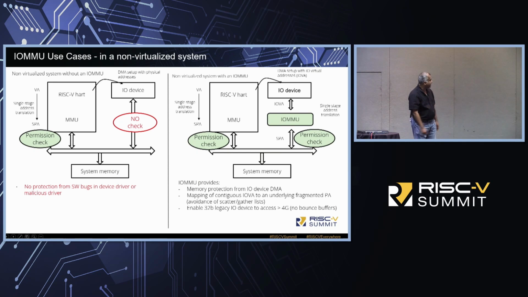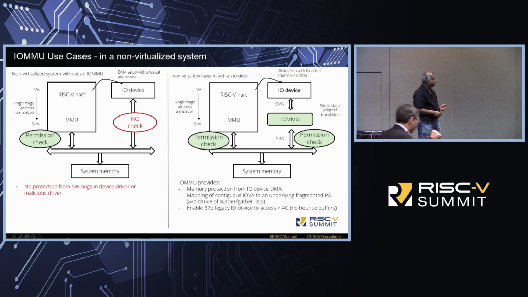So let's start with some of the use cases. IOMMUs are typically associated with virtualization, but they are also useful for non-virtualized systems. Why is it useful in non-virtualized systems? Let's look at the picture on the left. In the case of a RISC-V hart, when software makes an access to load or store from memory, the operating system can set up the memory management unit with a page table that can enforce the permissions on the memory that the software can access.